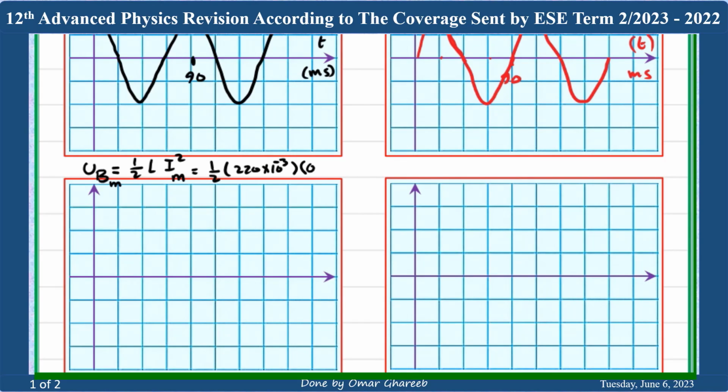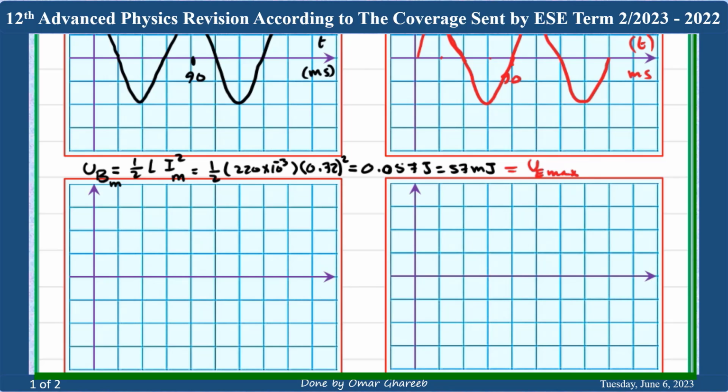And the maximum current is 0.72, and we need to square it. The answer is almost 0.57 joule or 57 millijoule. Again, this will also be equal to the maximum electric energy, but after 1/4 cycle.